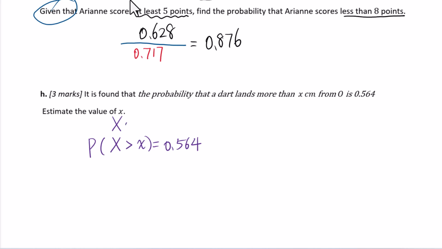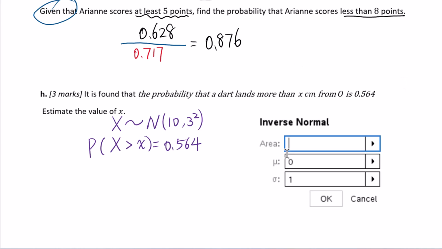Since X follows a normal distribution with mean 10, standard deviation 3, we have to use inverse normal to figure this out. But remember, in inverse norm, the area we use is the probability of X less than x, which means 1 minus 0.564 equals 0.436.